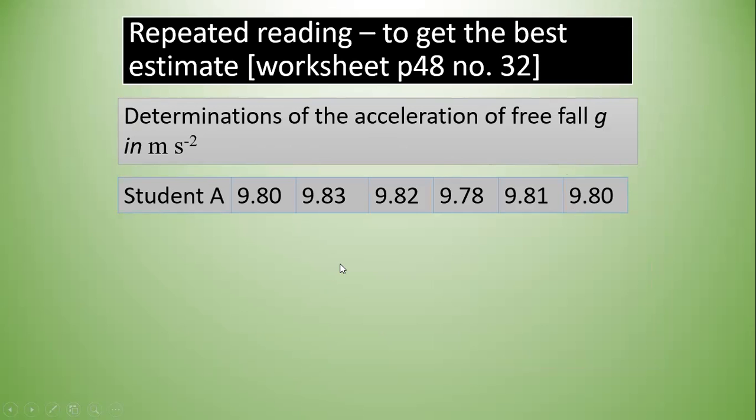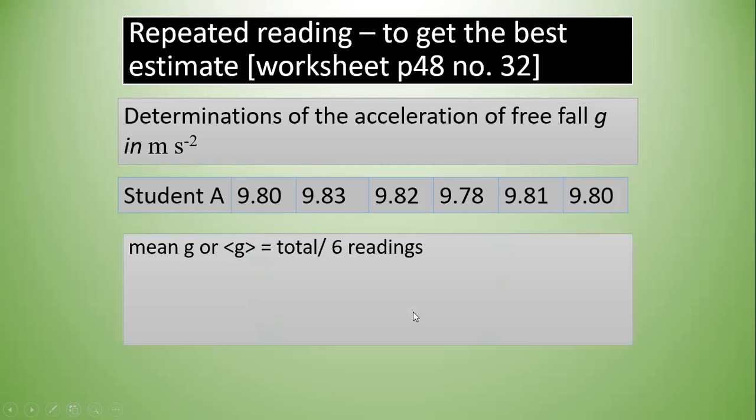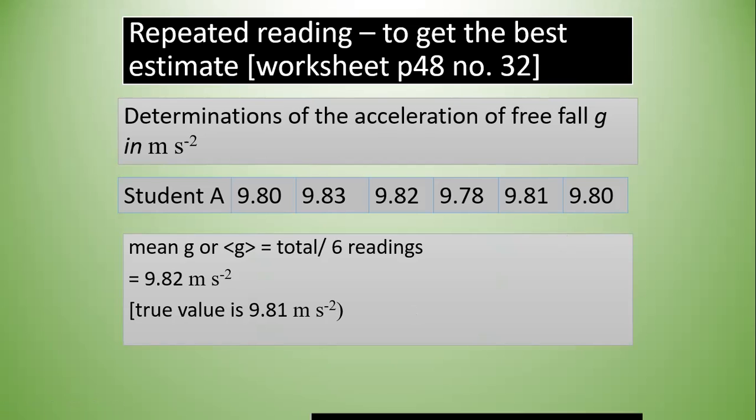A student finds the acceleration due to gravity, repeating it a few times to get 6 readings. Then how do we find the error? With the 6 readings, we find the mean value, adding all of them up together and dividing by 6. There's a true value, 9.81.